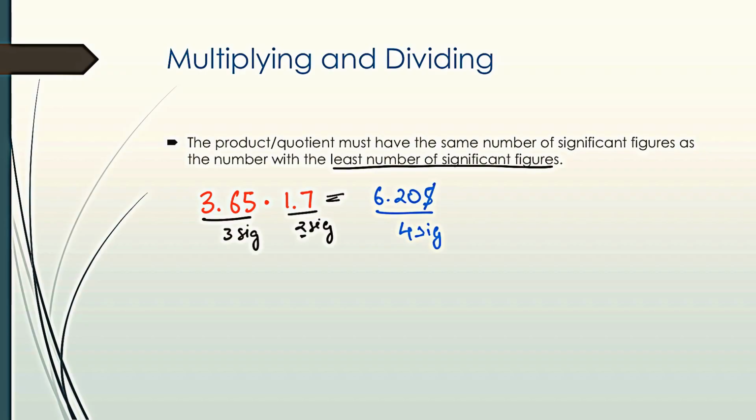We're also going to get rid of the 0, but because it is right after the last significant figure, when we get rid of this, we have to pay attention that it is a 0 which is less than 5, and so your answer would be 6.2. This number has two significant figures, which is the same as the multiplying numbers with the least number of significant figures.